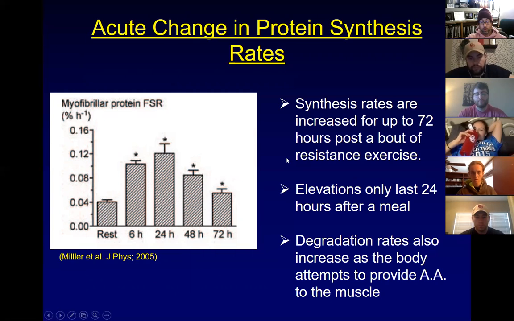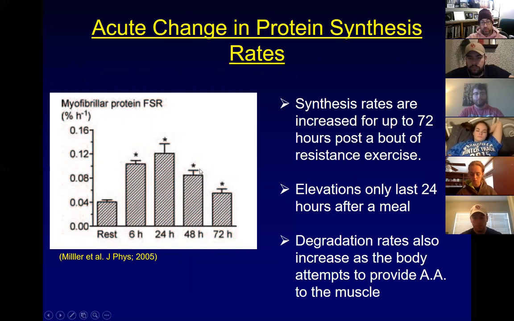They had them perform a single bout of resistance training, and what they noticed was that there was an increase progressively over the first 24 hours, and then it began to taper back off again. But even at 72 hours post, we still had elevated protein synthesis rates compared to rest, okay? So there is some evidence that resistance training leads to maybe up to a 3-day increase in protein synthesis rates.